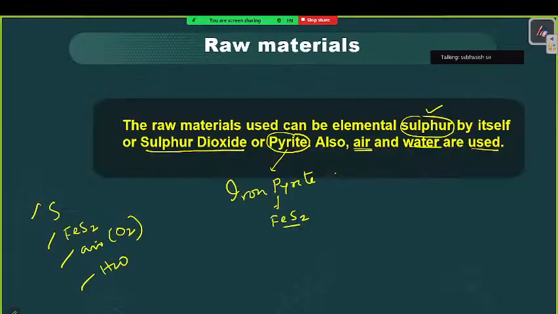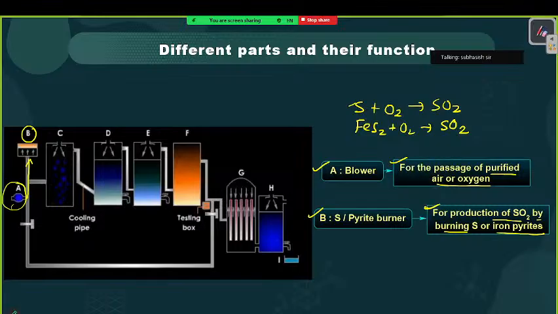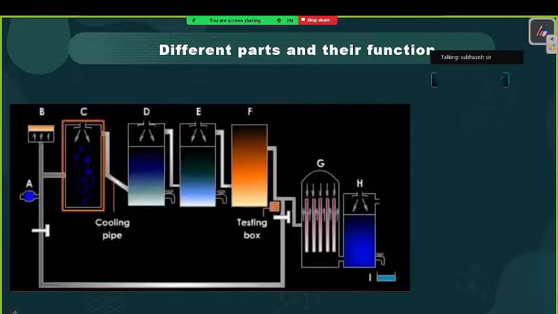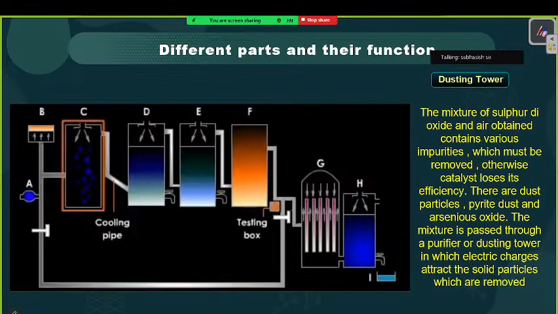First, A, blower; B, sulfur or pyrite burner, where sulfur or pyrite burns to form sulfur dioxide; C, dusting tower, where the dust particles and the pyrite dust are removed by the downward spray, by the use of electrical charges.